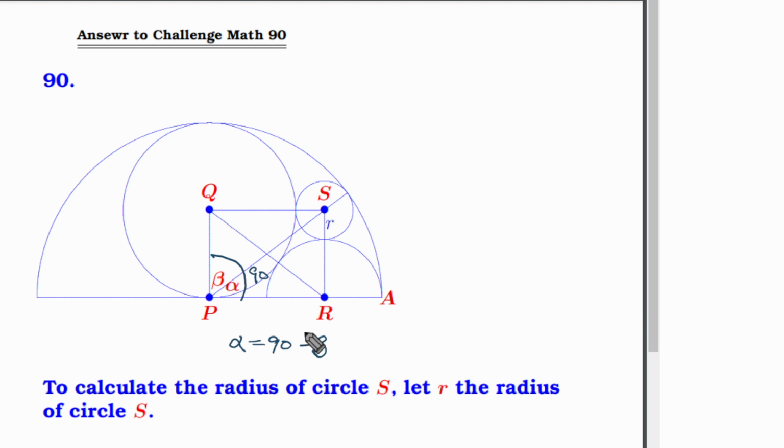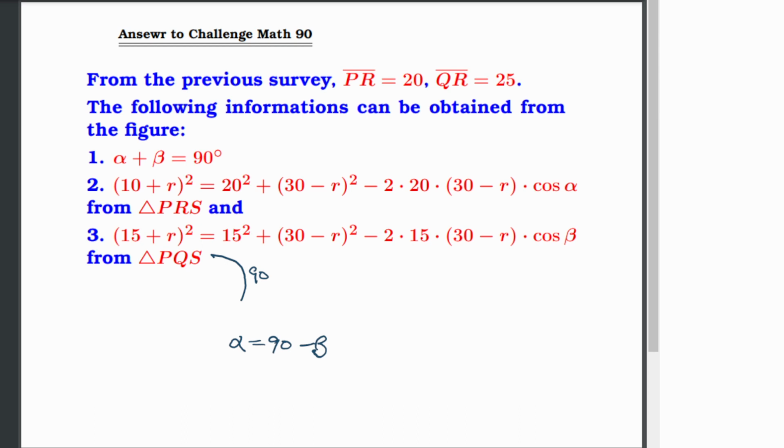Okay, let's see what kind of equation we can make. Now you look at here. PR is 20.